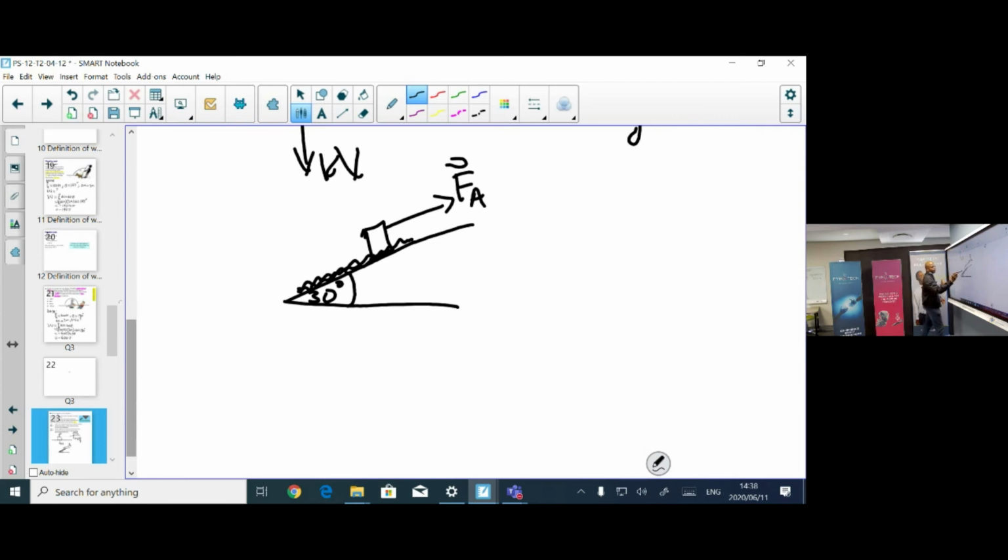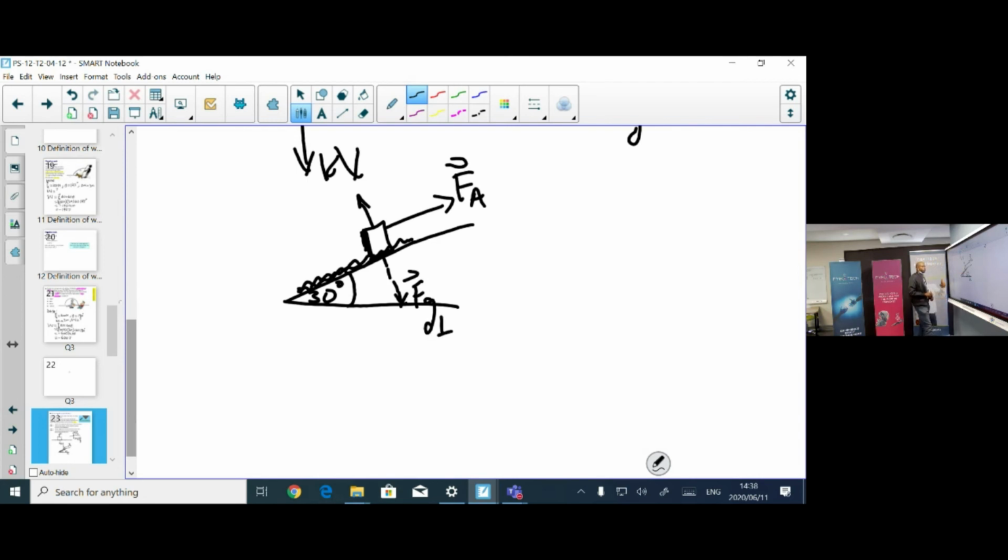Okay. What will happen? You have to show all the forces that are acting on this object, on an inclined surface. You have to show the normal. The normal is supposed to be perpendicular. If you look at that, you have F of G perpendicular.